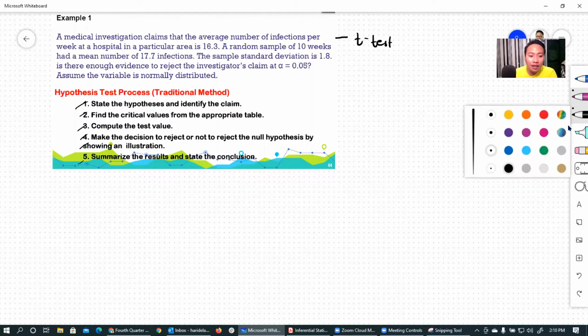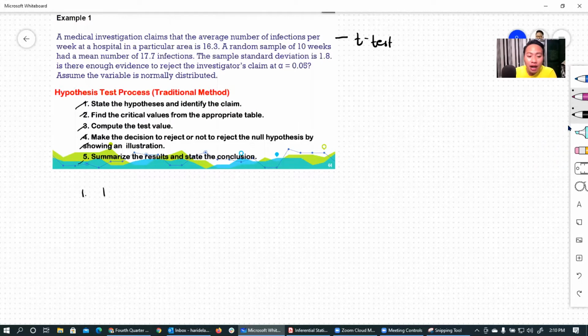So let's start with step 1. Our null hypothesis here, guys, is still we are dealing with means. Our mean is 16.3, right? And the alternative hypothesis is not equal to.